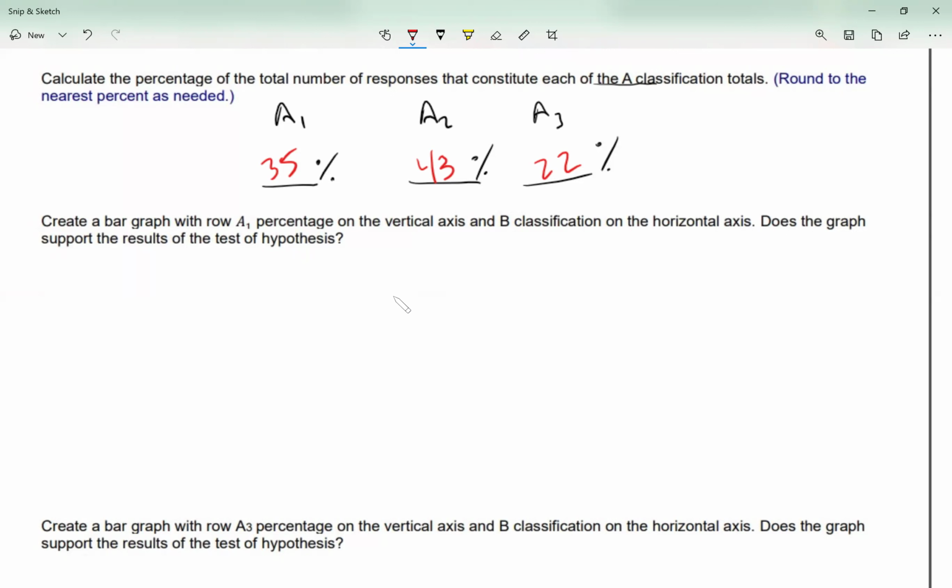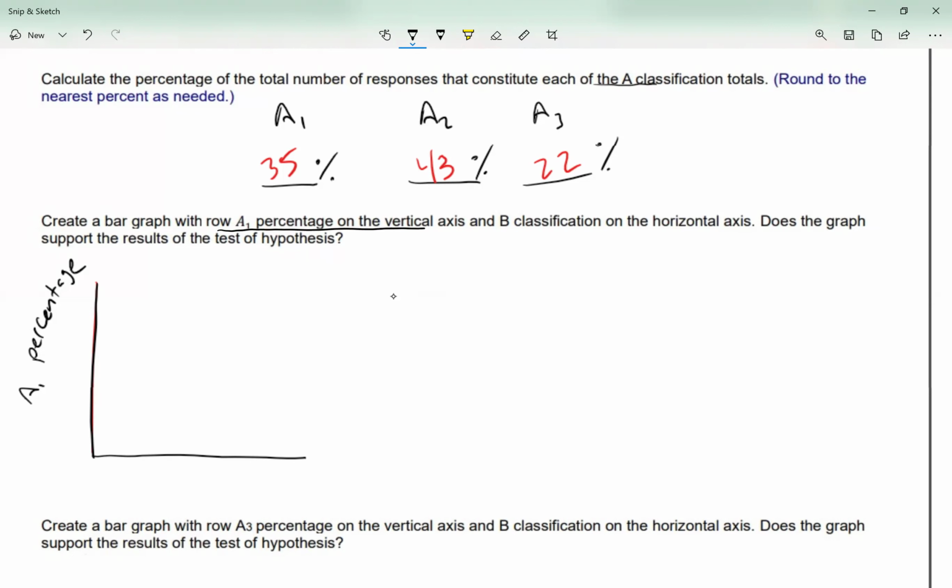So what I'm saying is I'm going to have a table. Well, let me do this in black. I'm going to have a table here. And this is going to be my A1 percentages on the vertical axis, because that's what it said here.